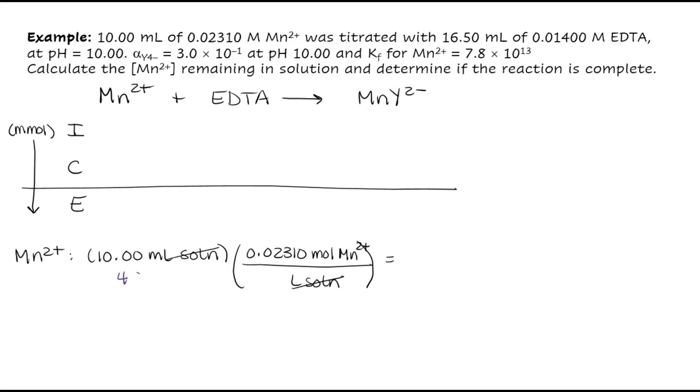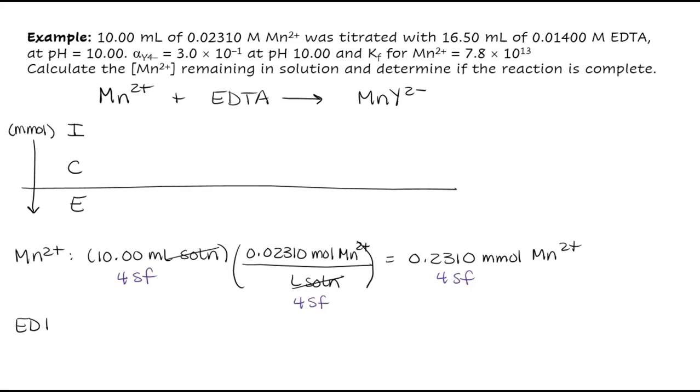We have 4 sig figs in our volume, 4 sig figs in our molarity, and our millimoles will be rounded to 4 sig figs. Doing the math, we have 10.00 times 0.02310 rounded to 4 sig figs gives us 0.2310 millimoles of Mn2+.